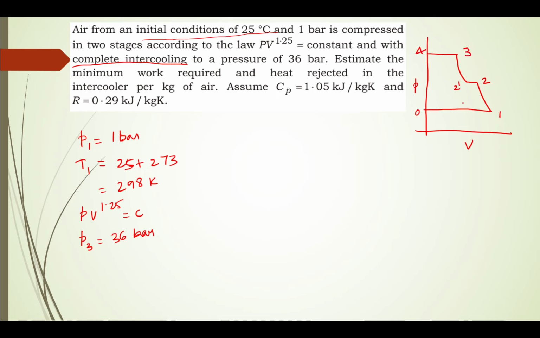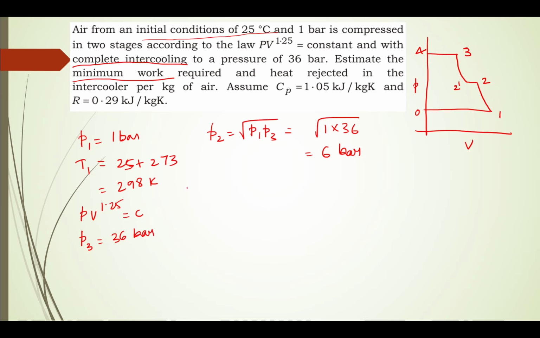For perfect intercooling and also for minimum work required, P2 is equal to square root of P1 P3, which is equal to square root of 1 into 36, equal to 6 bar. Heat rejected in the intercooler, that we will calculate later.